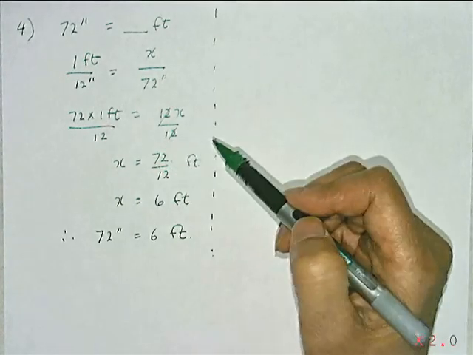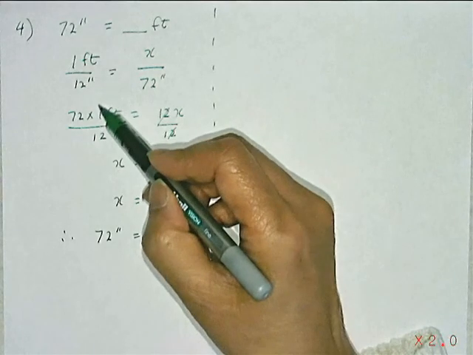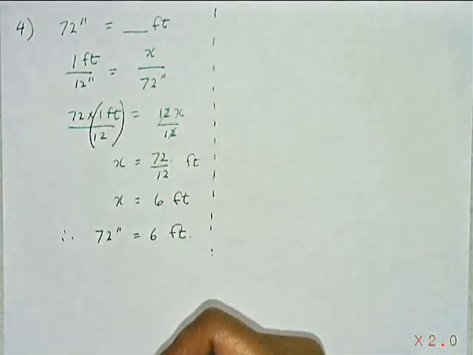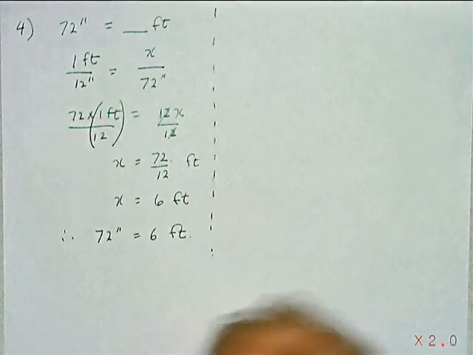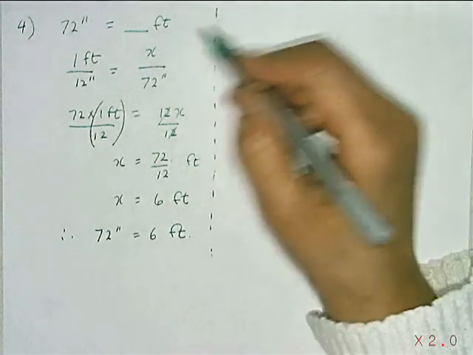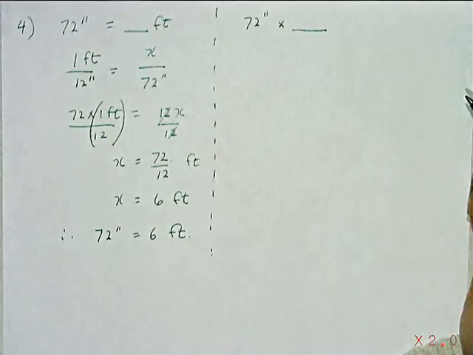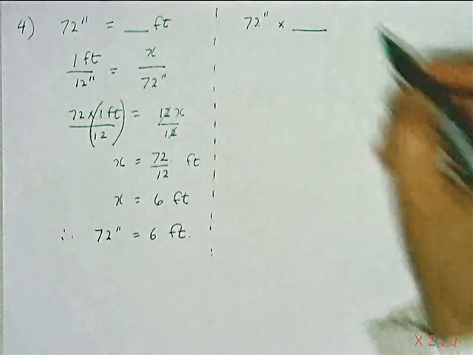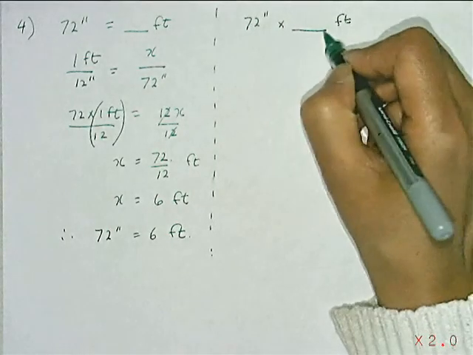If we take a look at this 1 foot over 12 inches, that would be called your conversion factor. Using conversion factors to solve this very same question, you start with what you know, which would be 72 inches. So you use the conversion factor that relates inches to feet. And we want feet on top, and we want inches on the bottom.